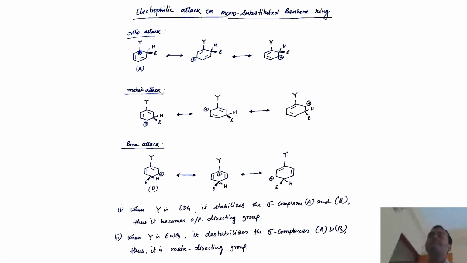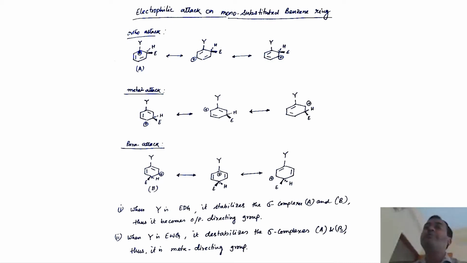Okay. So from these three different types of attacks, what we can find is that when Y is an electron donating group, it can stabilize the complex A, this one, because this positive charge A, that is in the ortho attack, the first structure.